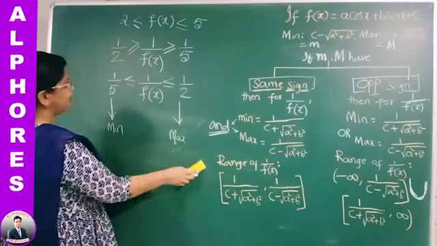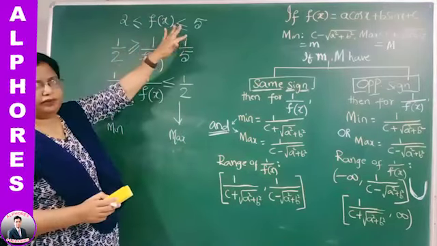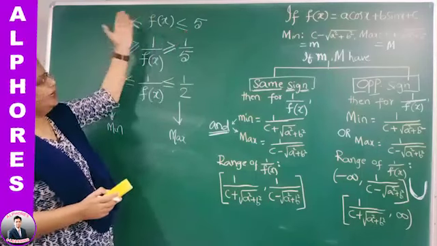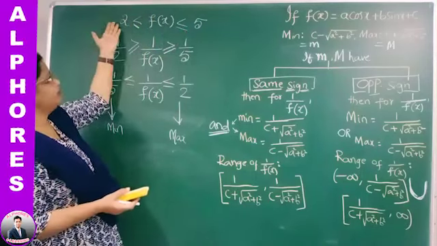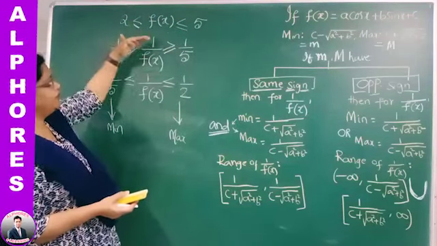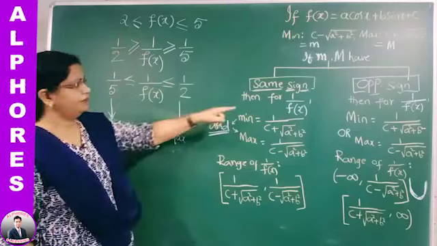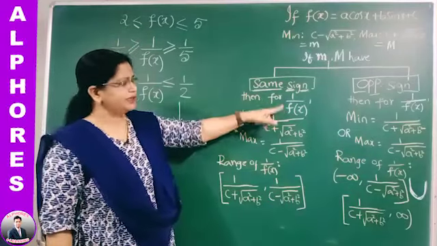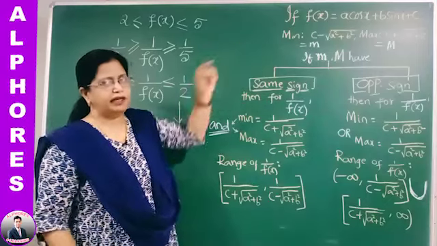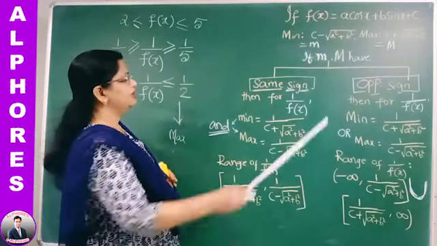That means whenever these two values, 2 and 5, have the same sign, both positive or both negative, here we write minus 5 and here minus 2. Then we can say exactly that for 1 divided by f of x, the minimum value is the reciprocal of the maximum value. Understand? So what is the reciprocal?